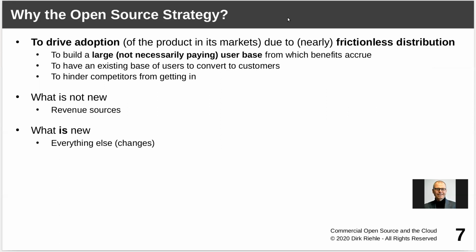The frictionless or nearly frictionless distribution you achieve by making your software available as open source cannot be beat easily. And then once you have a large user base, not paying, but a user base, then you can benefit from that. How to benefit from user innovation and all of that is a different talk.